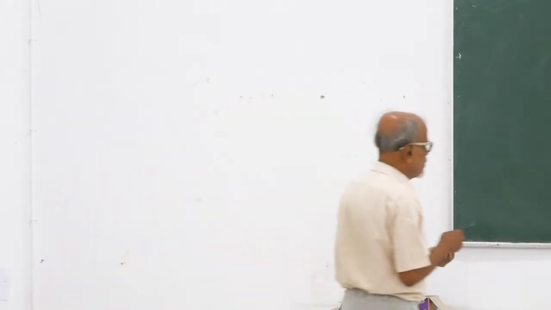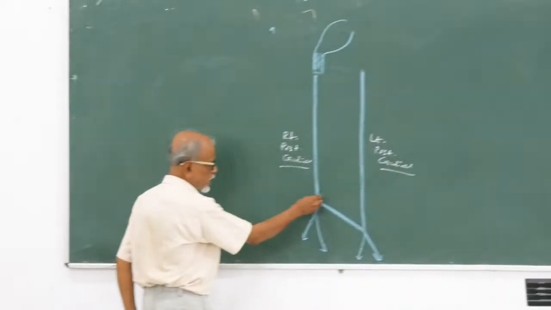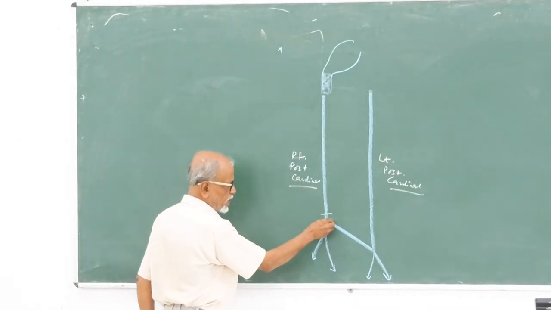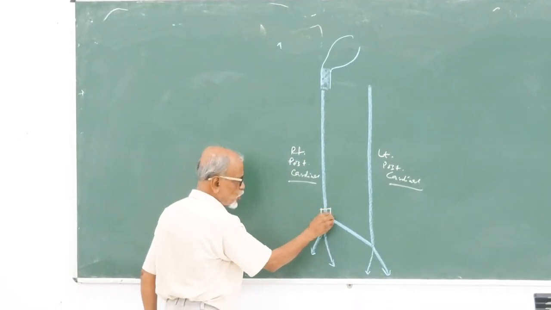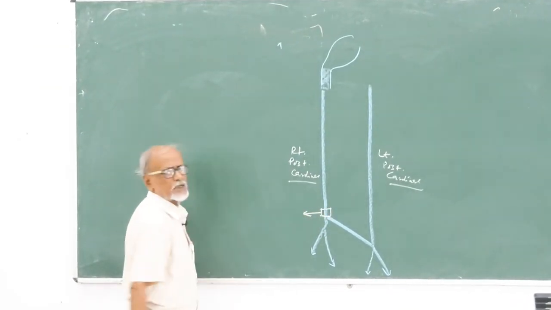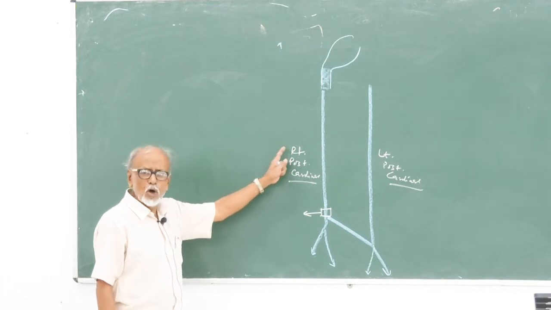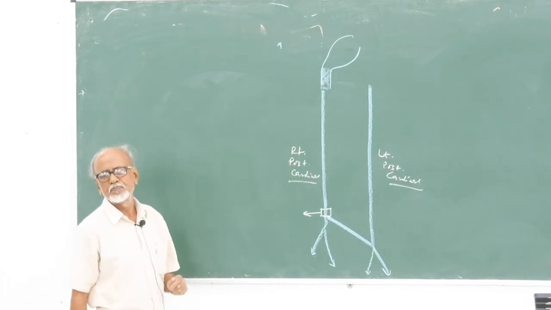So it is only this segment, a very short segment of the inferior vena cava, that develops from the right posterior cardinal.